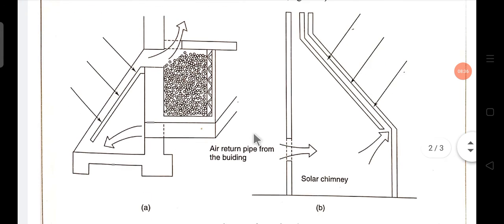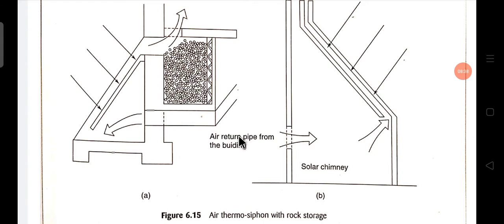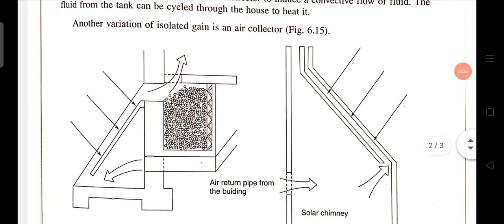Here also, the air goes through this vent to the chamber or solar chimney. In the solar chimney, the solar radiation falls on one side and heats the air, and this air is used in the building separately.